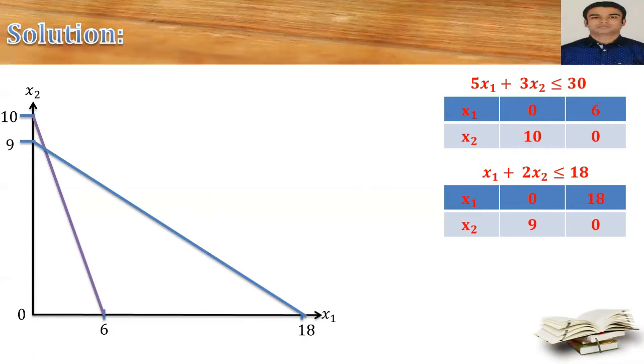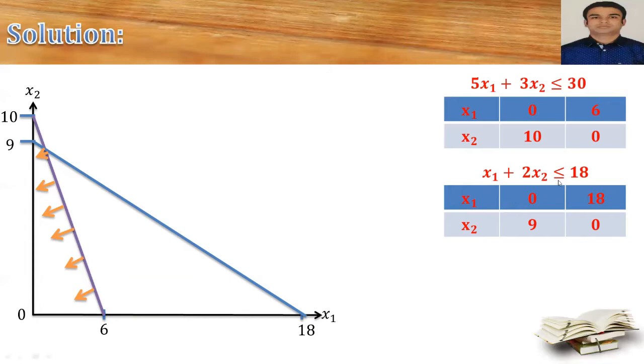In the next step, we consider the feasible region. The first constraint is 5x1 plus 3x2 is greater than or equal to 30. Since the sign is greater than or equal to, the area of this constraint is considered over the line, away from the origin. In the second constraint, x1 plus 2x2 is greater than or equal to 18, again the sign is greater than or equal to, so the area is considered on or over the line.